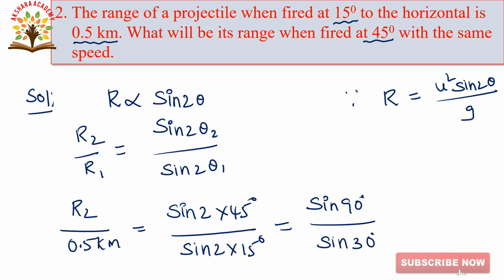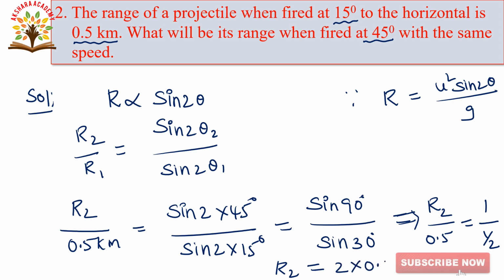So here we are writing R2 by 0.5 is equal to sine 90, 1, by sine 30, 1 by 2. So from this, by taking cross multiplication, R2 is equal to 2 into 0.5, and 0.5 is nothing but 1 by 2.